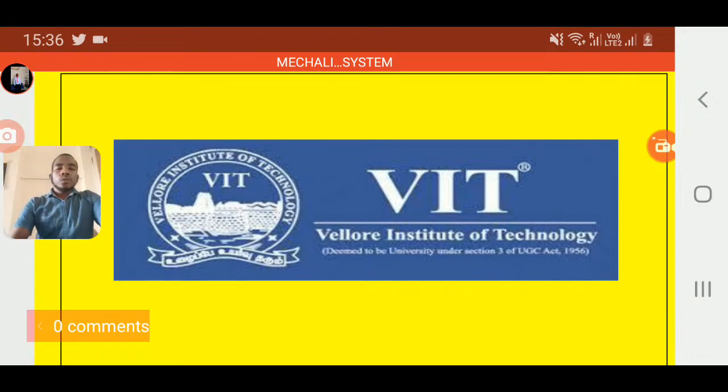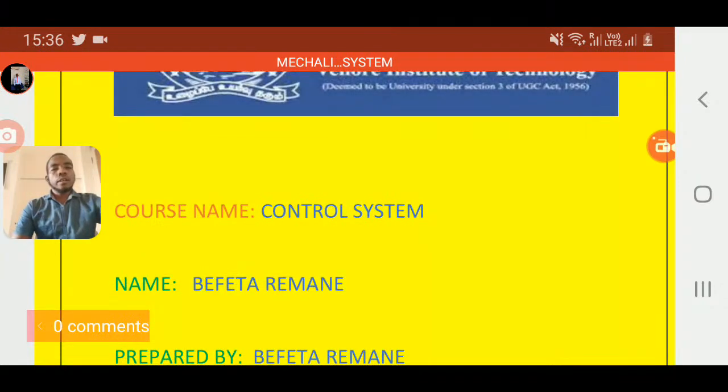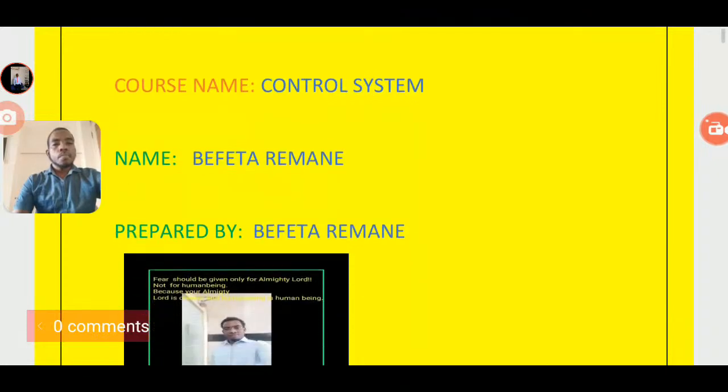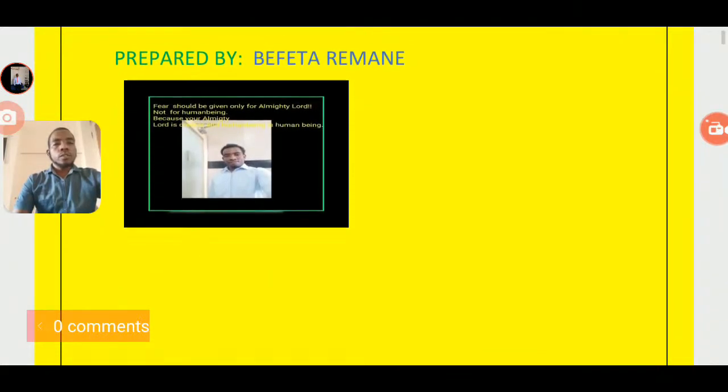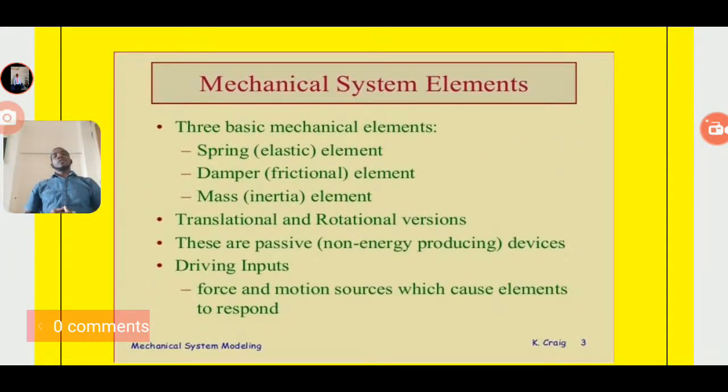Today we are going to see a new topic of this control system, which is known as the mechanical system elements.